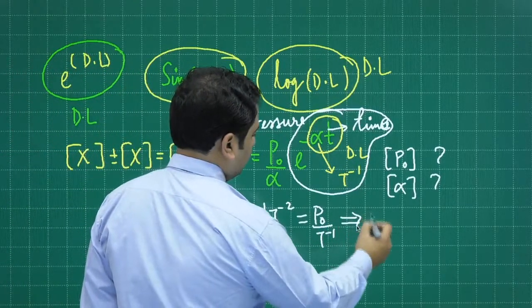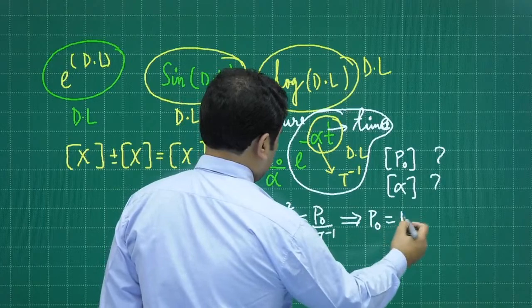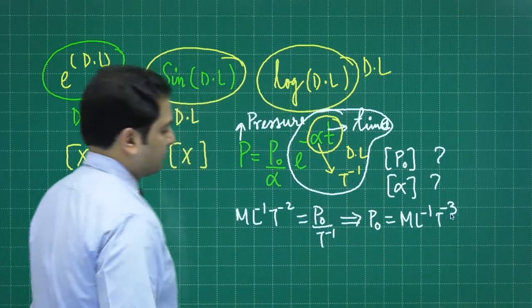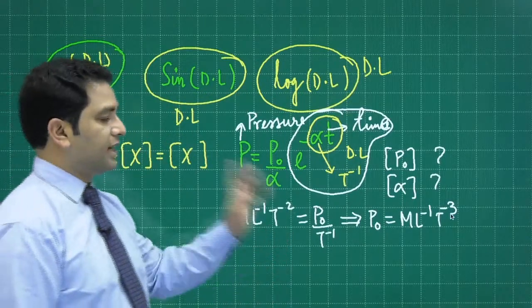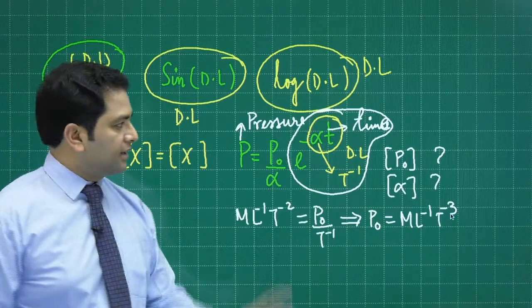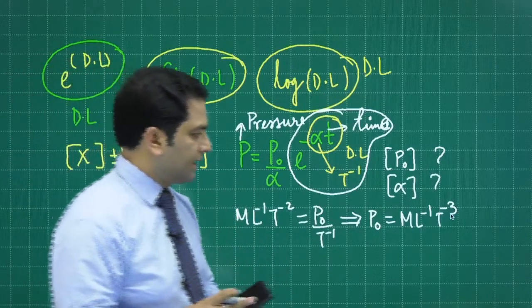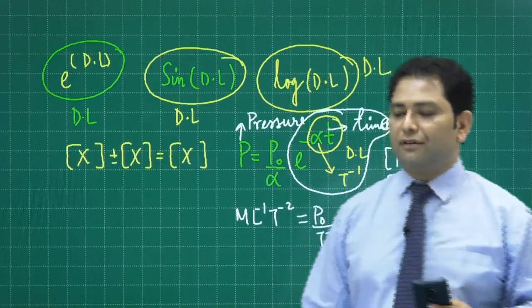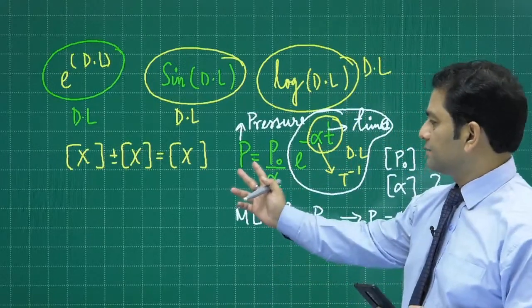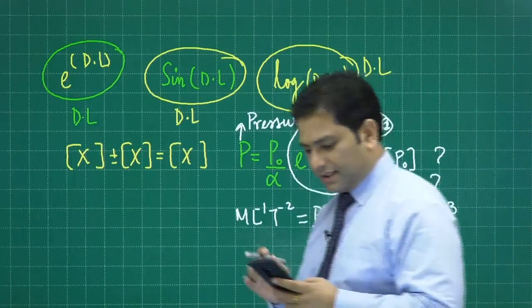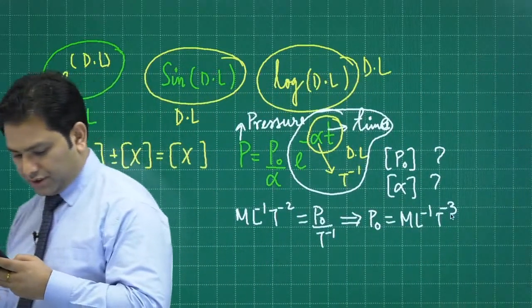Now this is going to imply P naught is M L minus 1 T minus 3. So that will be the dimension of P naught. Hope with all these things you are getting an idea that this is how you apply the principle of homogeneity, because this is pressure, so this also must be pressure. So we have certainly applied the principle of homogeneity.